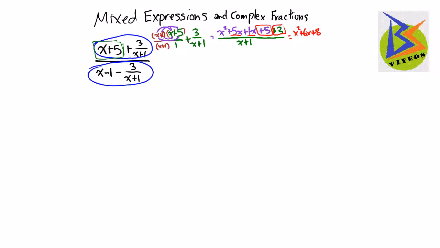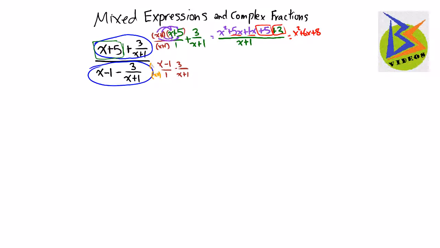Okay, now let's take a look at our denominator. Again, we have x minus 1 over 1 minus 3 over x plus 1. And so we look for our common denominator, and we see that it is x plus 1, because x plus 1 times 1 is x plus 1.